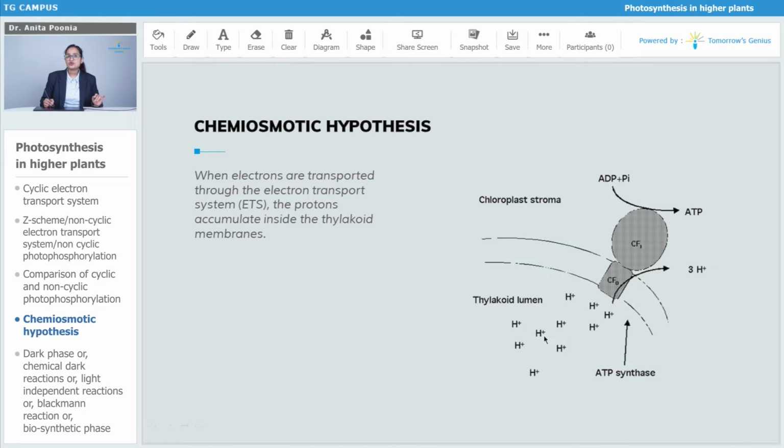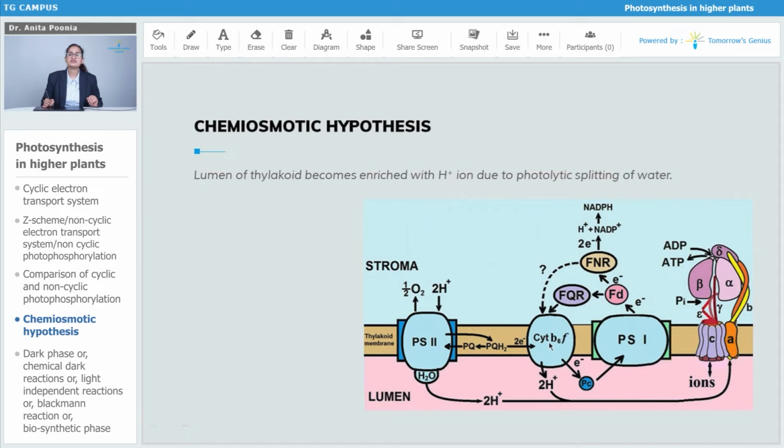Now, when electrons are transported through the Electron Transport System, that is ETS, the protons accumulate inside the thylakoid membrane. So this is the thylakoid membrane, the thylakoid lumen, and you can see how the protons have accumulated inside here. The lumen of the thylakoid becomes enriched with hydrogen ions due to the photolytic splitting of water.